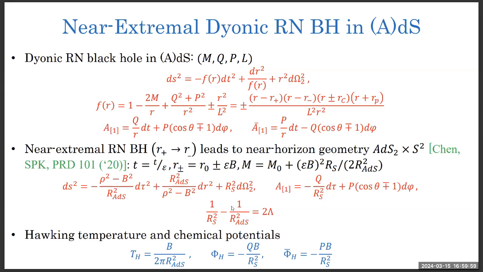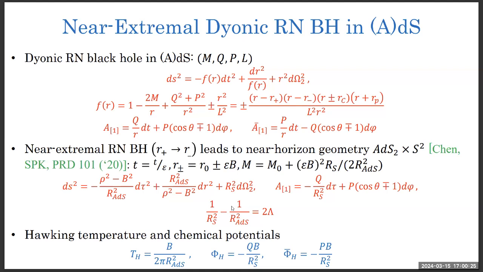So it satisfies this equation. This is the relation for AdS2 cross S2: the inverse square of the black hole radius minus the inverse square of the AdS radius is a constant depending upon lambda, or the AdS or dS radius, and the Hawking temperature.